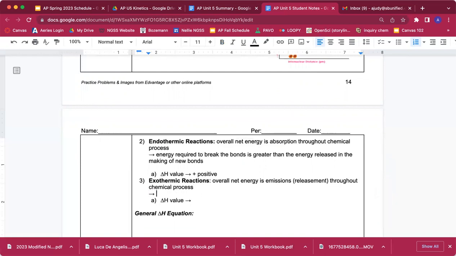So what we see then, from an understanding at a more particulate level, is that the energy required to break the bonds is less than the energy released in the making of new bonds, right?